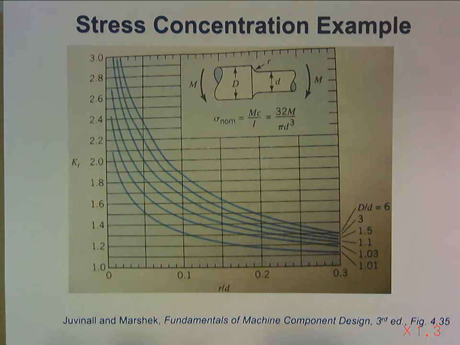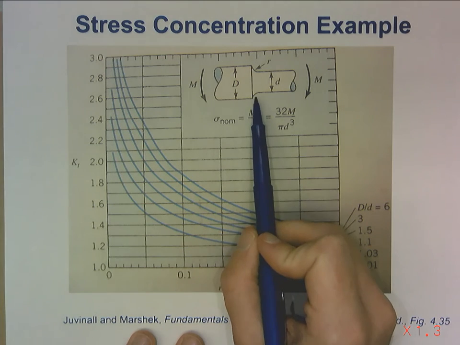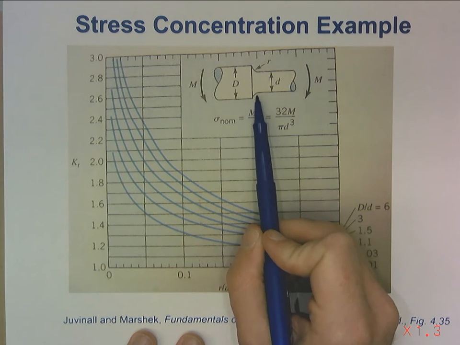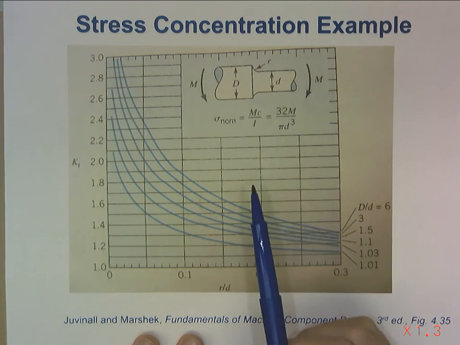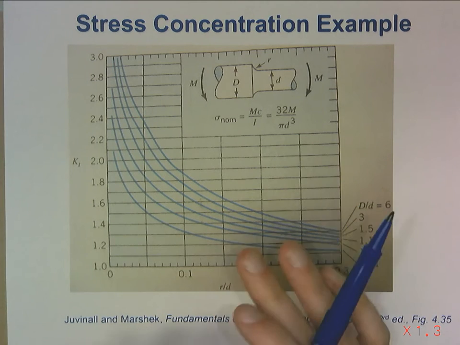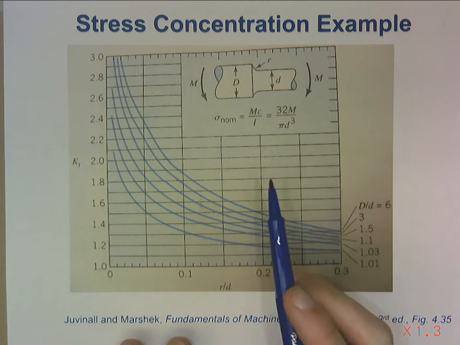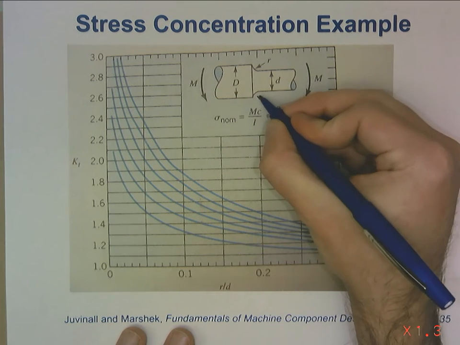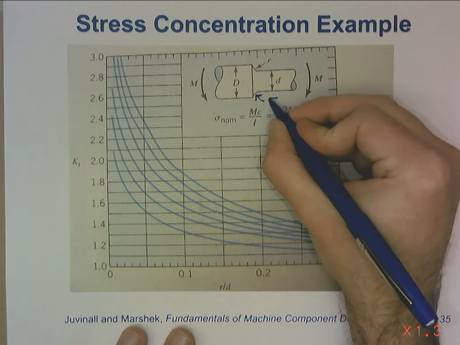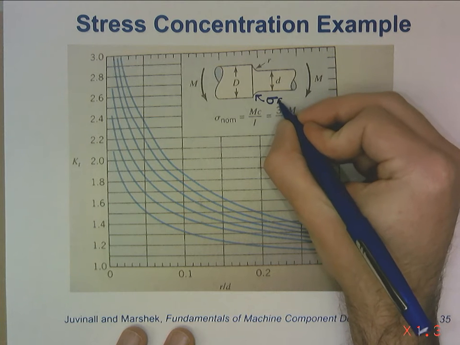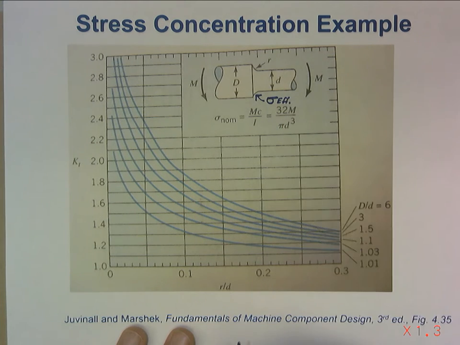So let's say we've got a shaft that reduces in diameter, and we want to find the effective stress here. So sigma effective.